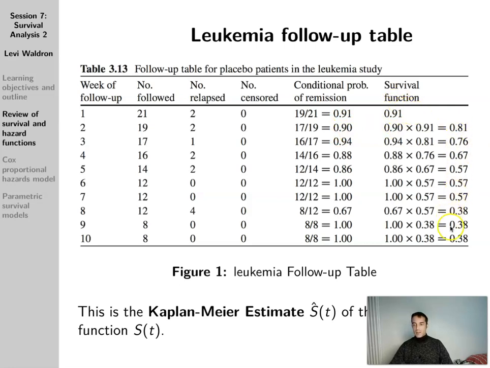And that way you get this always decreasing survival function that starts at 100% at the start of the study and goes to the final estimated probability of survival or non-relapse at the end of the study. And this is the Kaplan-Meier estimate of the survival function.